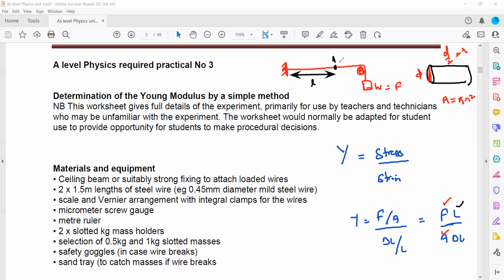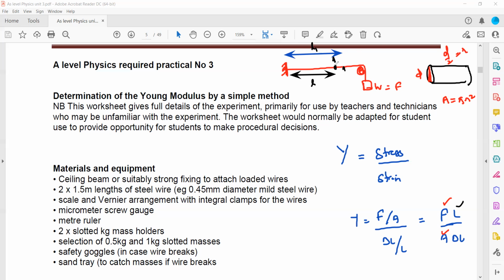Delta L is always how much the marker has moved. So we measure the initial position, then the moment we add a load, there will be a new position, as the wire stretches, the position of the tape will change. For example, this is a new position of the tape, we say L1.